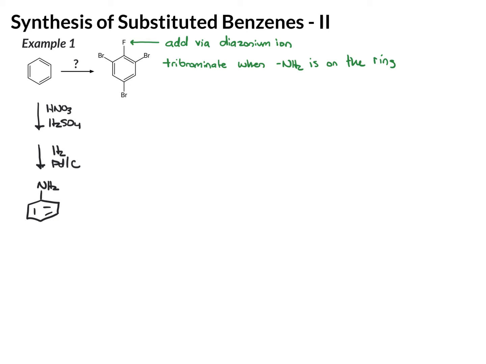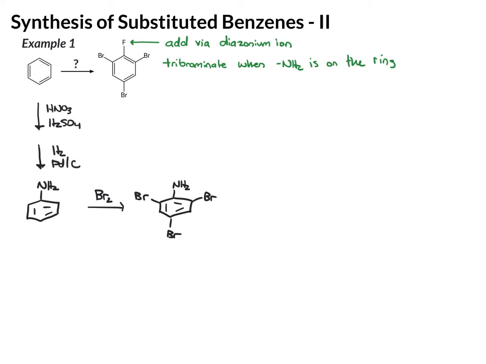This is a strong activating group that when we halogenate, it's going to trihalogenate. So now we can add Br2. We don't even need the catalyst. So we have our 3 bromines on the ring. From here, we need to get to the fluorine.